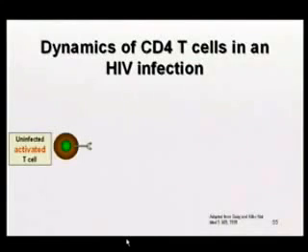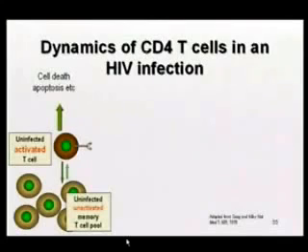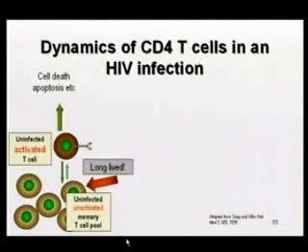But anyway, an uninfected activated T4 cell just sitting around there. As a part of the normal immune response, eventually most of those cells die by apoptosis. Some of them go into the memory T4 cell pool. These are very long-lived.